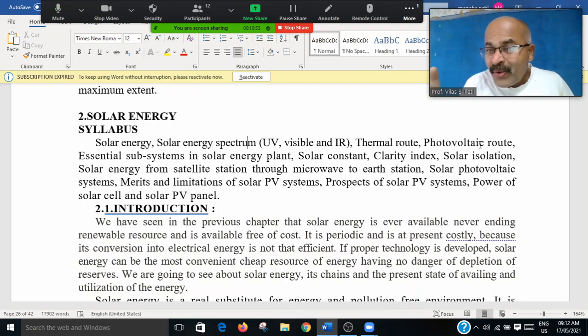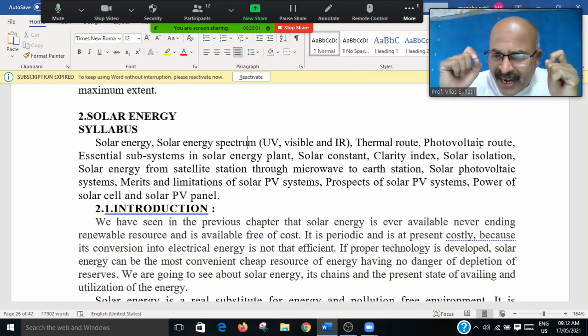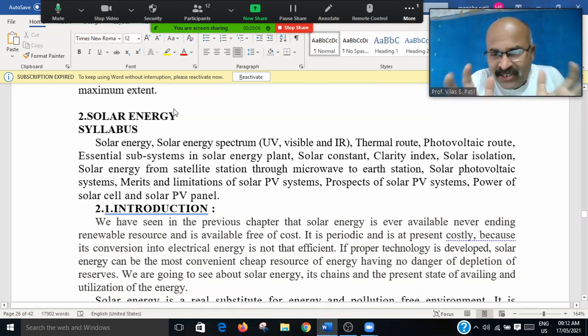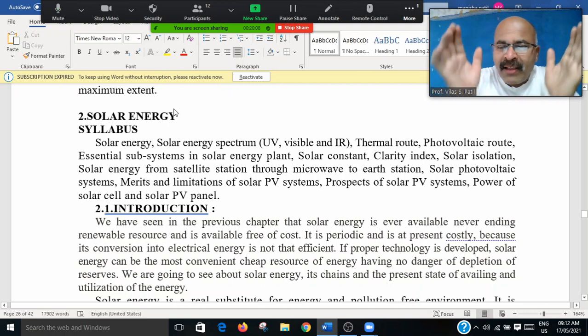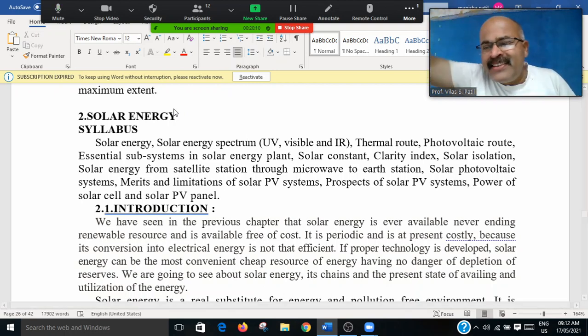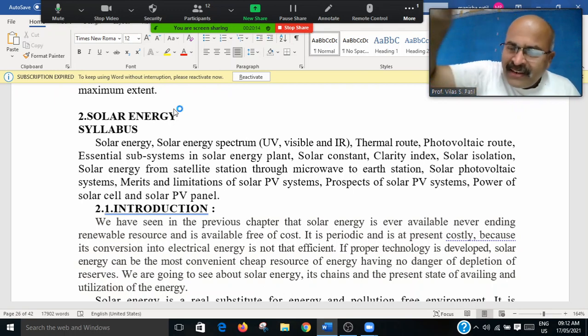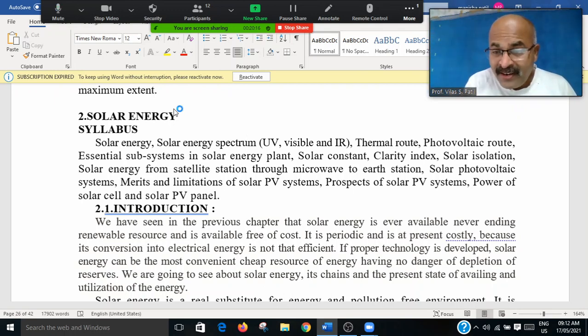It means that we get 24-hour sun with the same and constant intensity of radiation, huge radiation at that distance, and in that orbit we can absorb the solar radiation.